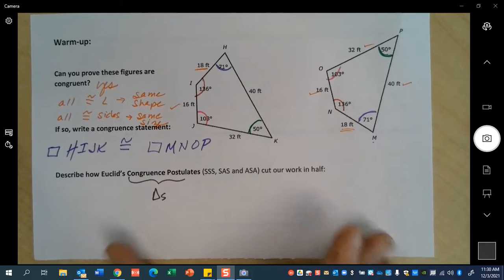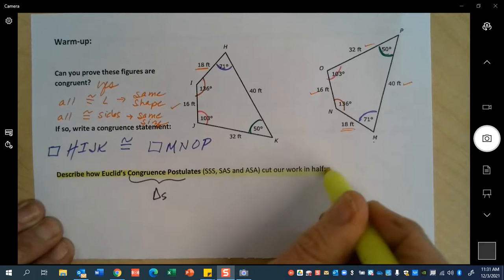Geometry friends got together. They had a meeting, and they decided that was too much work, proving all congruent sides and all congruent angles. We got better things to do with our time, so they petitioned Euclid. They protested. They said, hey, is there a more efficient way of doing it? What did Euclid come up with?